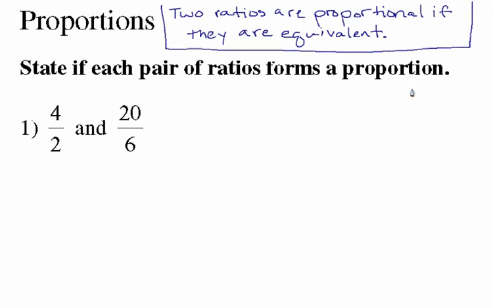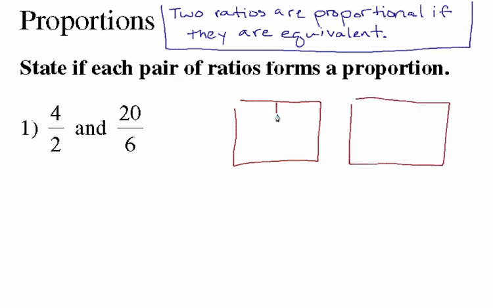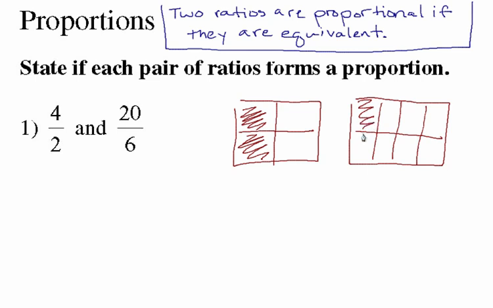Let me talk about that idea for a little bit more before we get into question 1. If I have a square and I take 2/4 of it, or I have a square and I take 4/8 of it, either way, I have taken up 1/2 of the original square. 1/2 is the same as 2/4 and is the same as 4/8.